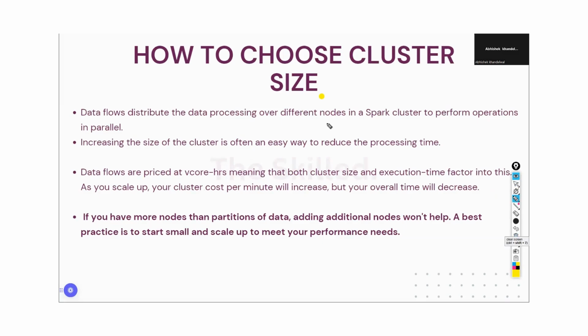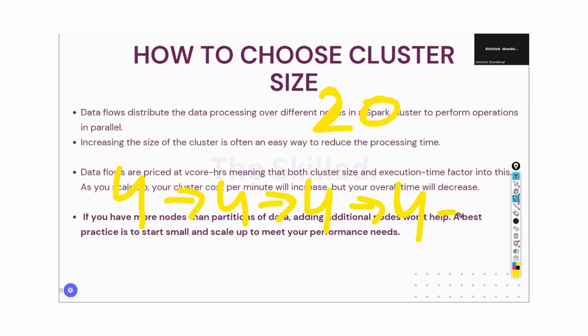For example, if we have 20 different jobs and only one node with 4 vCores available, 4 jobs can run at a time, so it will take around 5 iterations to complete these 20 jobs.